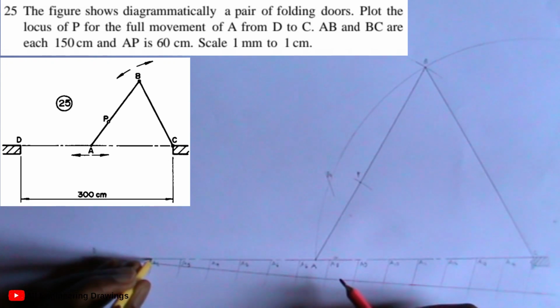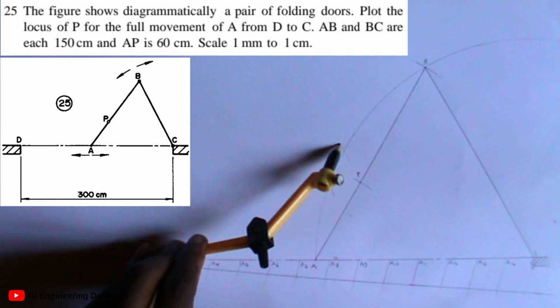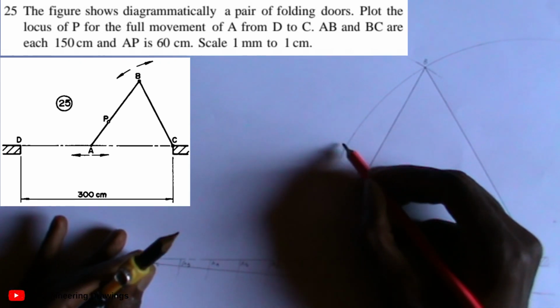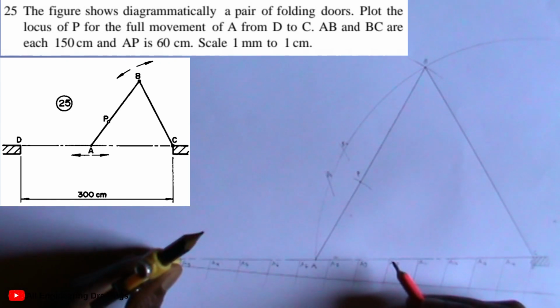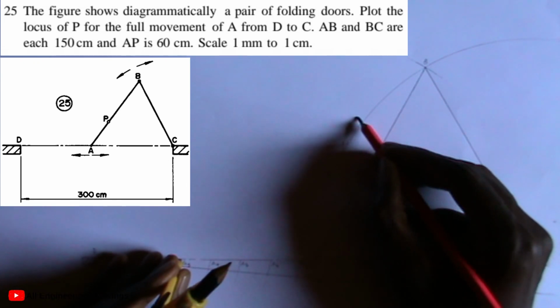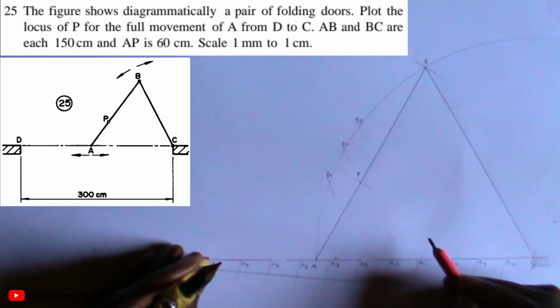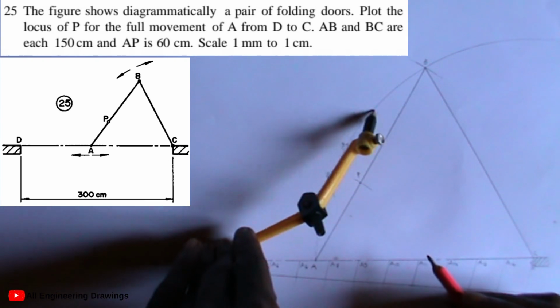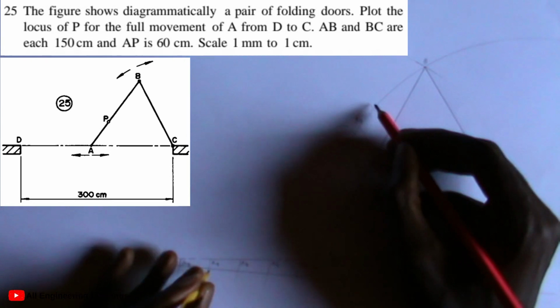So for A2, we'll do the same, we'll cut arc. So we'll call the point B2. So for A3, the same, we'll cut arc. So we'll call the point B3. So for A4, we do the same. So we'll call the point B4.